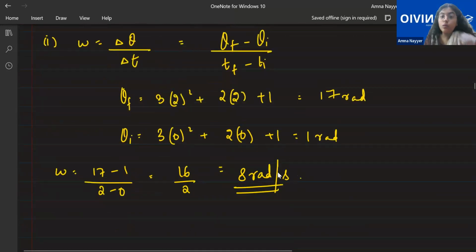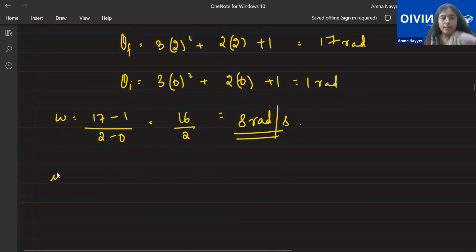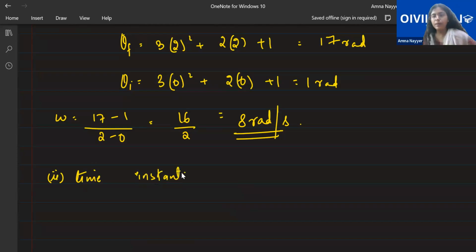Second says at t is equal to 2 seconds. Now, when you have a time instant present, this means you need to differentiate to get the exact value of omega at t is equal to 2 seconds. So just to substitute t is equal to 2, you need to get the equation of omega. That will be given through differentiation because as I told you, this is a time instant.